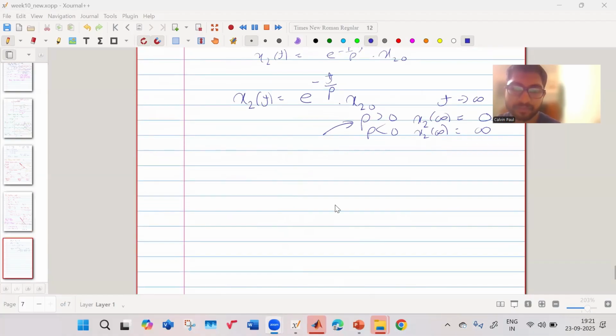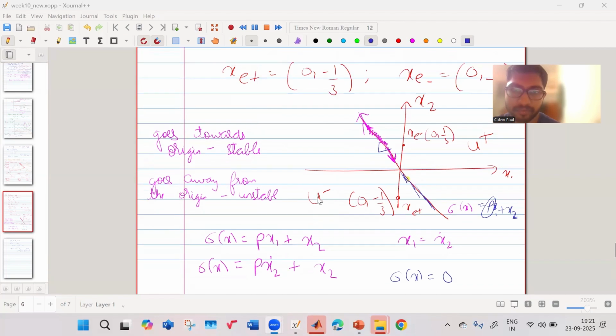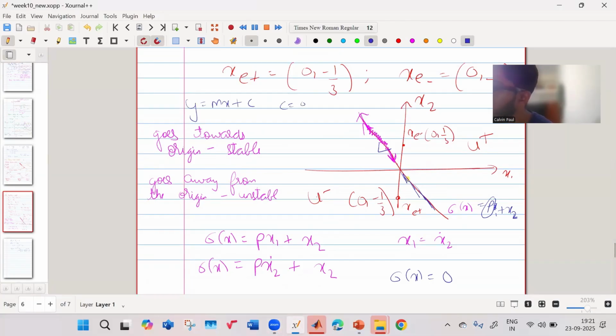Sir, is that actually the slope p, or is it somewhat related to the slope? So let us say, what is the equation of a straight line? The equation of a straight line is y equal to mx plus c. Here c equal to 0, so y is equal to mx. In our case, sigma x is equal to p into x1 plus x2.